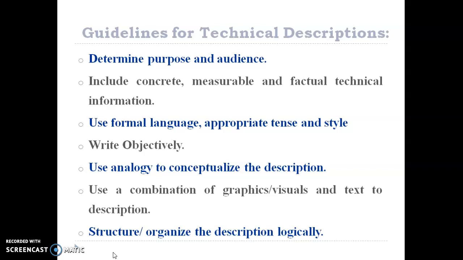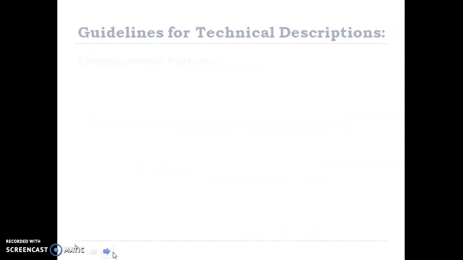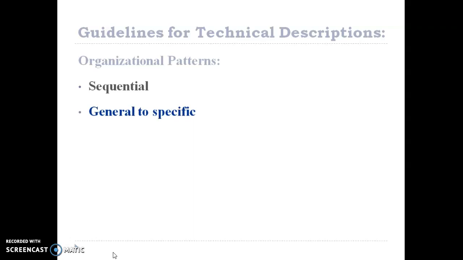I would suggest using some organizational patterns for the content, and they are here. First is sequential. If you're describing a process, describing the stages in sequence will be the sequential pattern for organizing content. And second is general to specific.